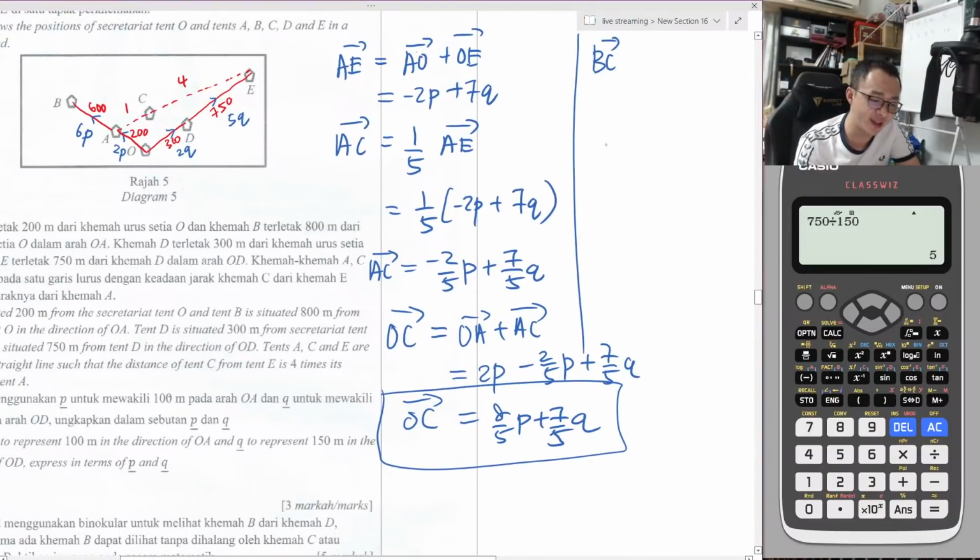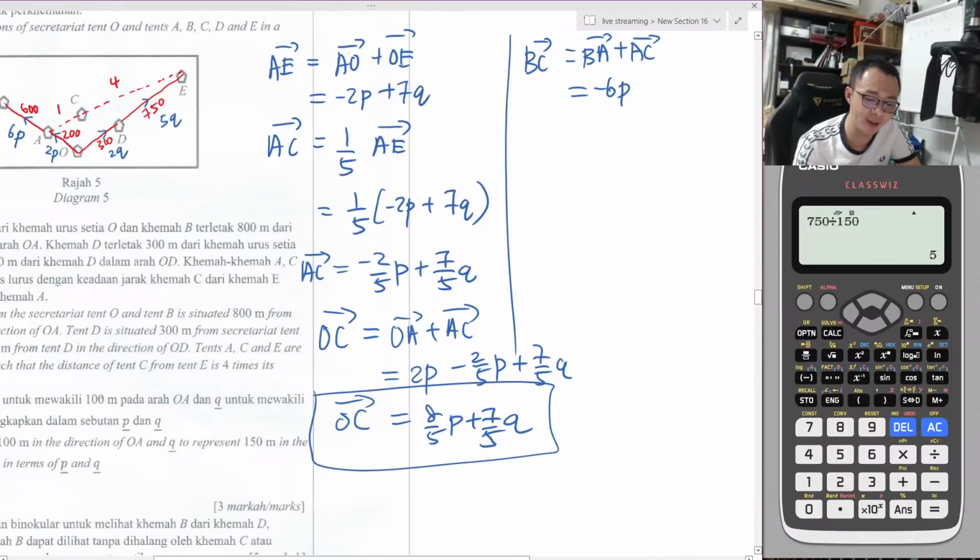So B to C, where's my B, by the way? Okay, B to C is B to A plus A to C. B to A will be negative 6P.